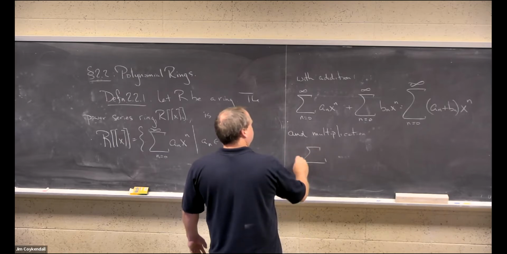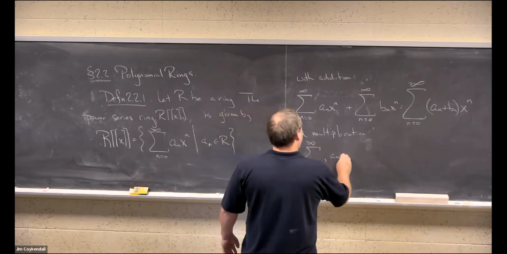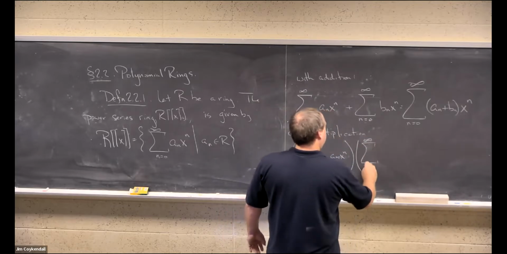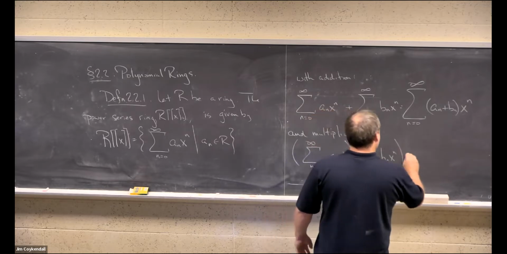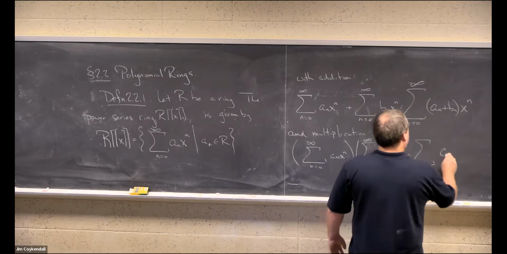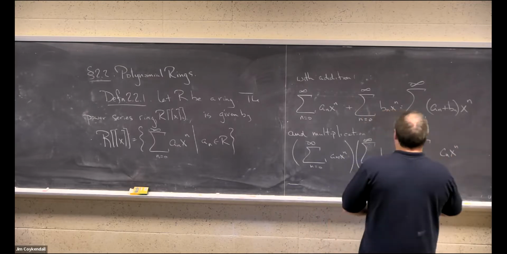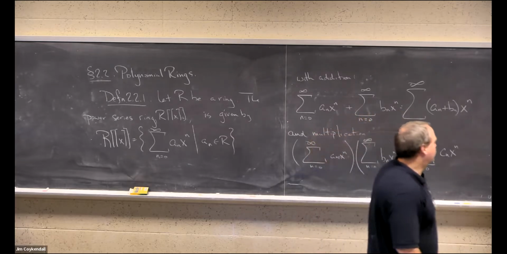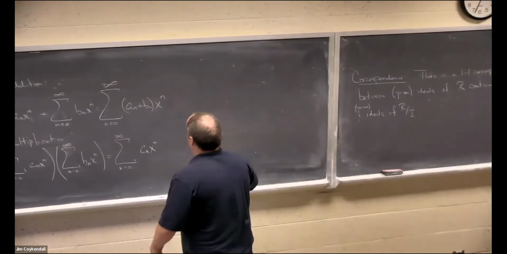Sum times sum. Well, if this is going to be a ring, it better be a power series that comes out. But I'm going to tell you what the rule for c is.